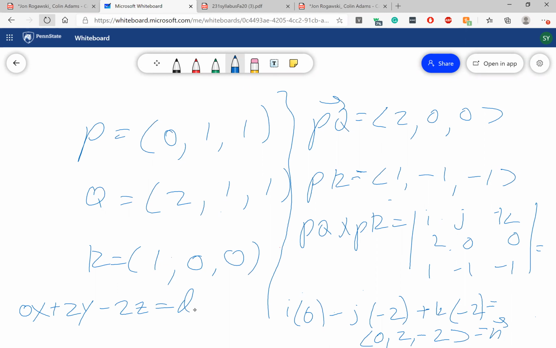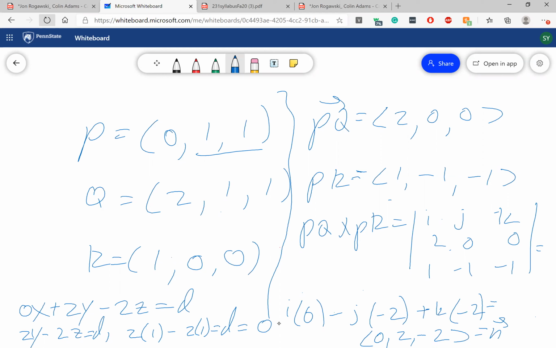So that gives us that 2y minus 2z is equal to d. And now let's plug a point in to see what we get. So if we plug that in, we get that 2 times 1 minus 2 times 1 is equal to d, which is equal to 0. So d is equal to 0.